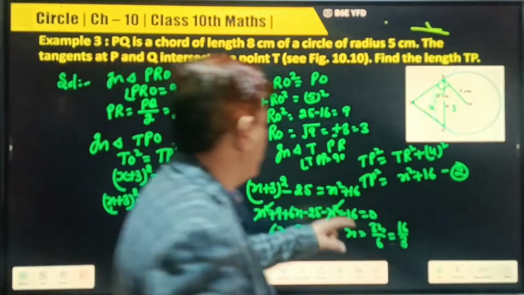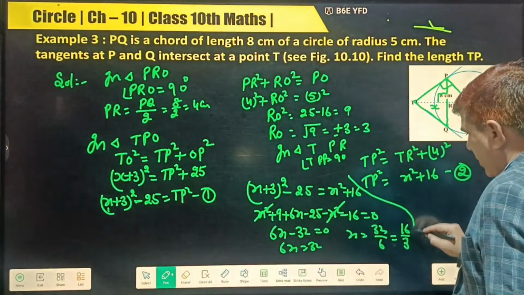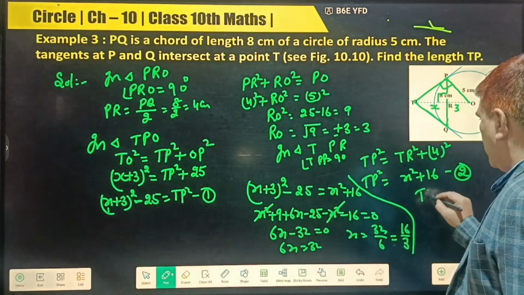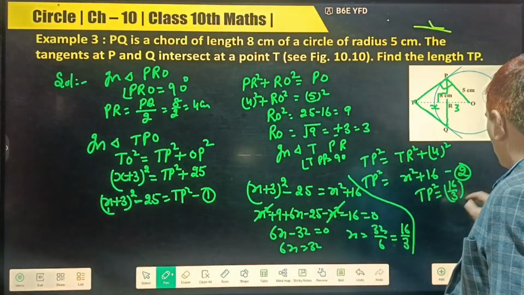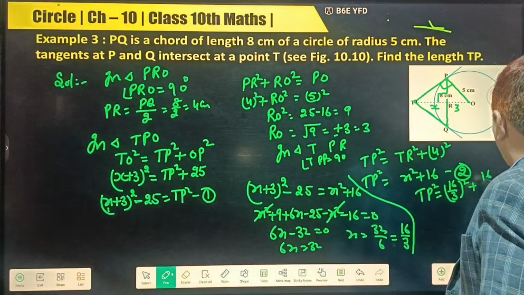So what's your TP? From here find out now. Put the value of x. TP square is equal to 16 by 3 whole square plus 16 by 1.